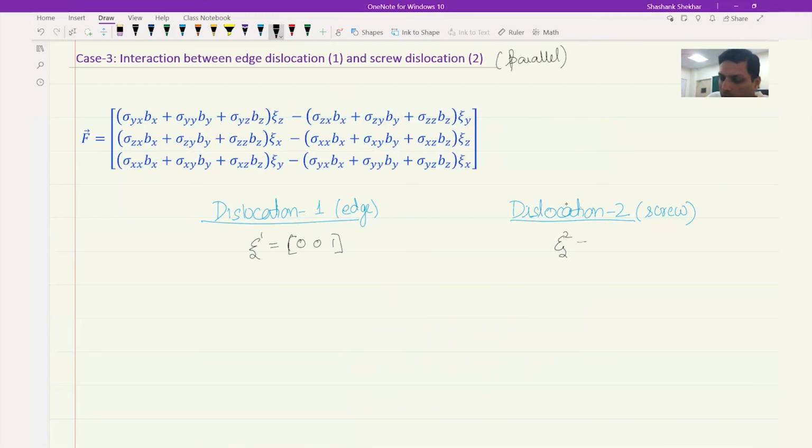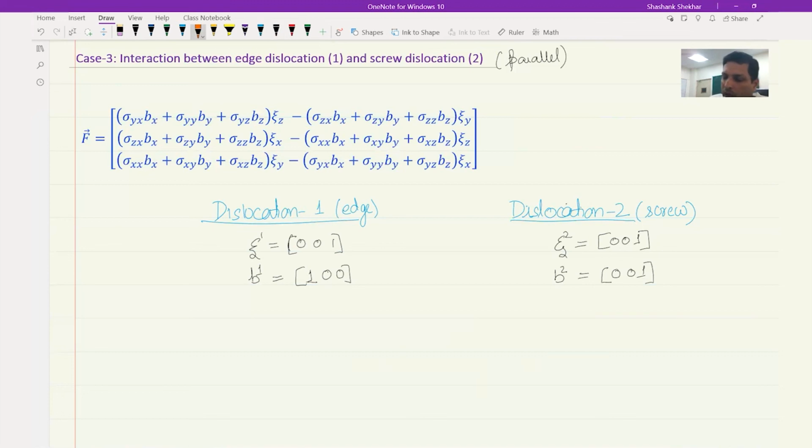So epsilon 2 is also equal to 0, 0, 1. And here it is edge dislocation, so Burgers vector is equal to 1, 0, 0. And here, the screw dislocation, so the Burgers vector will be the same as the line vector.